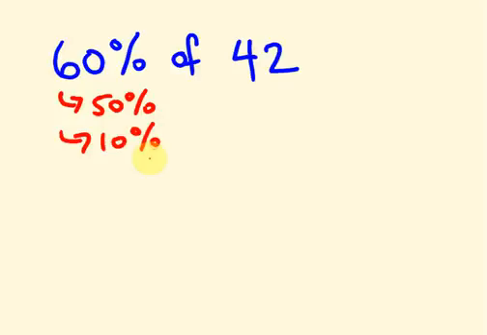And then you're going to add these together. So 50% is half, which is 21. 10% is you're moving this decimal place, you'll get really good doing this, is 4.2. And you're adding these together. You're going to see I've lined the units up there. You'll do this in your head. So 21 and 4.2 is 25.2.